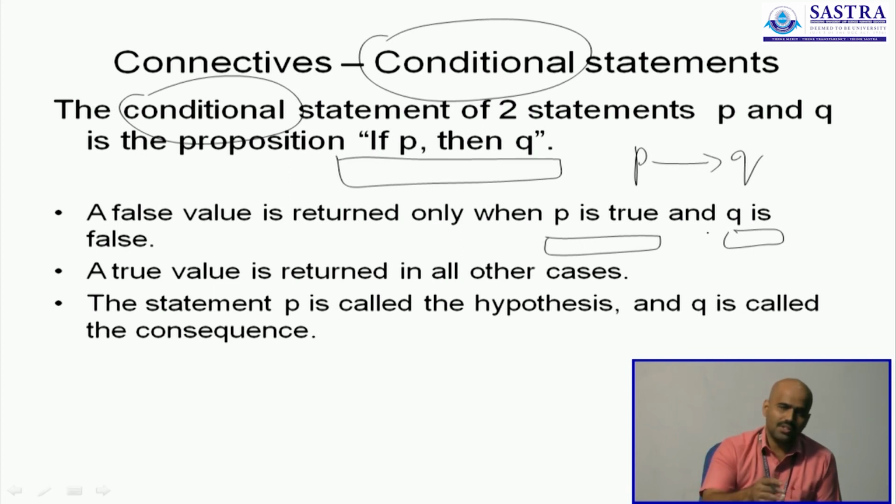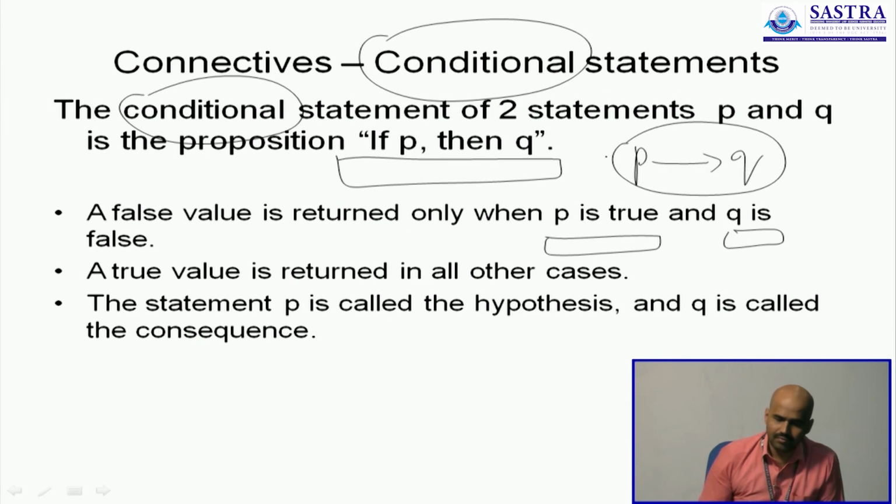So we'll discuss the same thing here. When does such a conditional assume a true value or a false value? The definition says it takes a false value only when P is true but Q is false, and a true value is returned in all other cases.